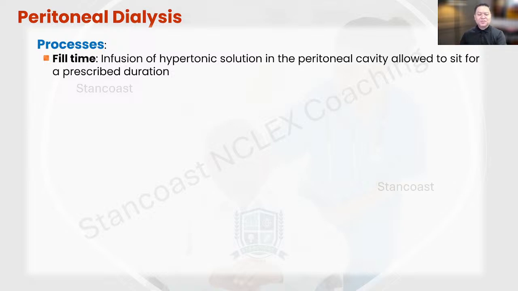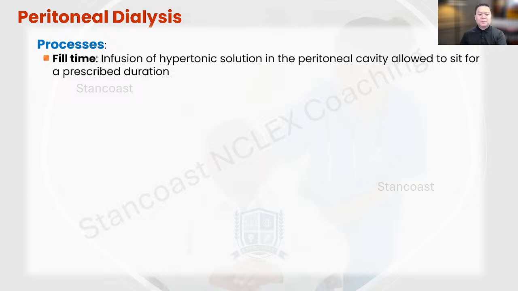This solution is a mixture of sugar, water, and essential minerals such as sodium, potassium, and calcium. The mixture is a kind of hypertonic solution, so it will act to draw the excess fluids in the peritoneum and also draw the excess waste products.